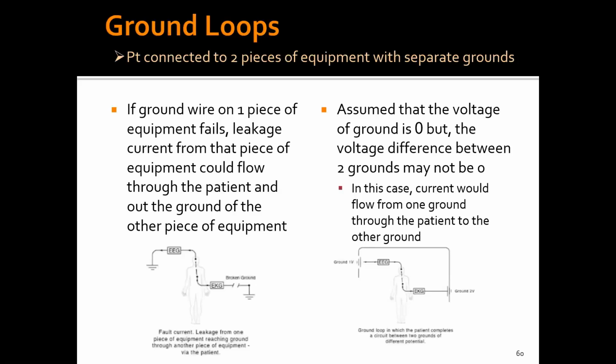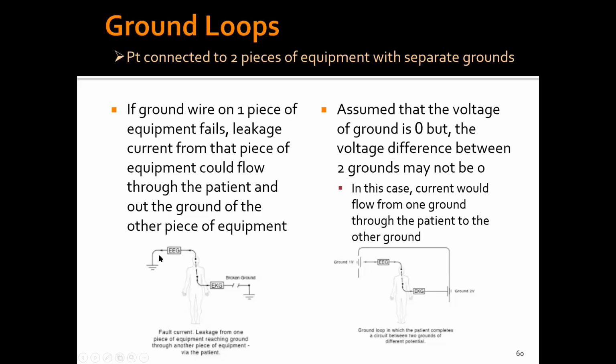Here's another explanation of it. If you have two pieces of equipment with separate grounds, and the ground wire fails on one, leakage current from the one where the ground failed might travel back through the body to get to the ground on the other one.